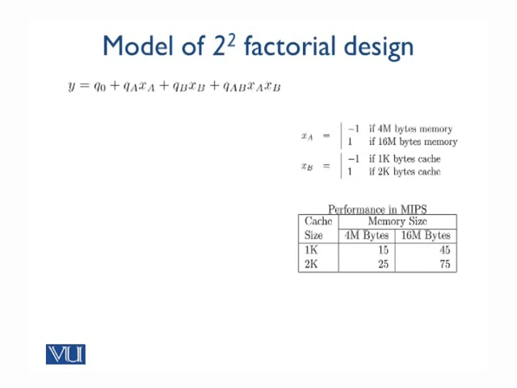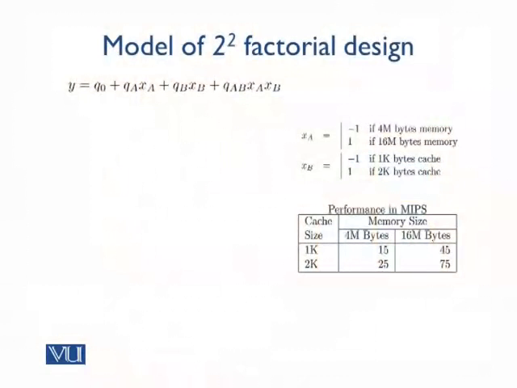Its form is y is equal to q0 plus qA xA plus qB xB plus qAB xA xB. As mentioned earlier, xA and xB are just the indicator variables indicating where the current factor level setting is. It would be +1 for high setting and -1 for low setting.